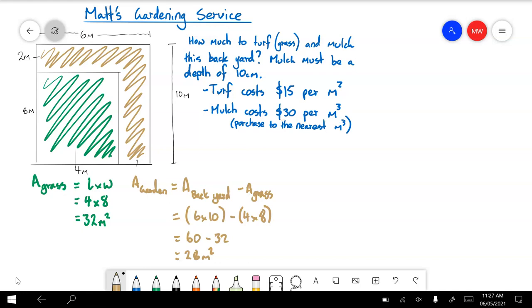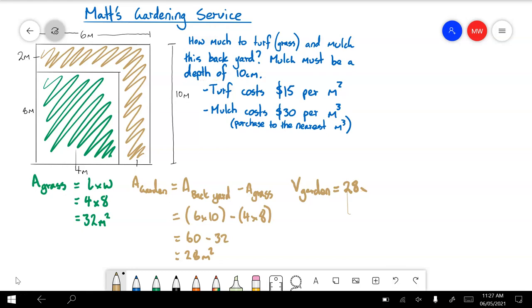So we've got the area of the garden, but the volume of the garden is its area, 28, multiplied by its depth. And it tells me that it needs to be 10 centimeters deep.